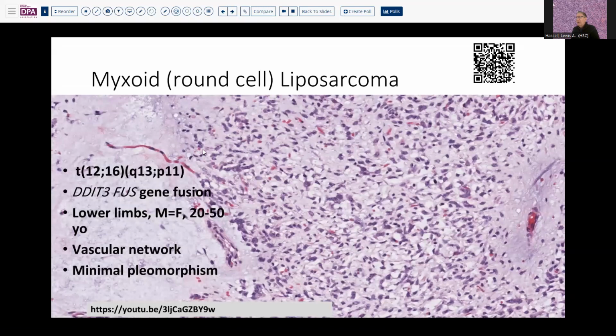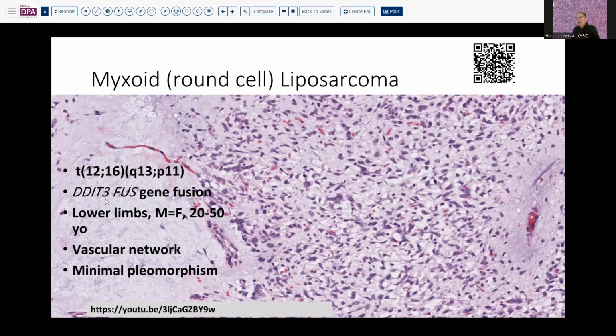So going on to myxoid liposarcoma, this looks a little similar to what we just saw, some of those myxoid areas. But this is a tumor that is going to occur in a different location, of course. So this is a tumor that typically occurs in the extremities, lower limbs being most frequent, and has a very rich vascular network, minimal pleomorphism, and has these unilocular, univacuolar lipoblasts associated with it.